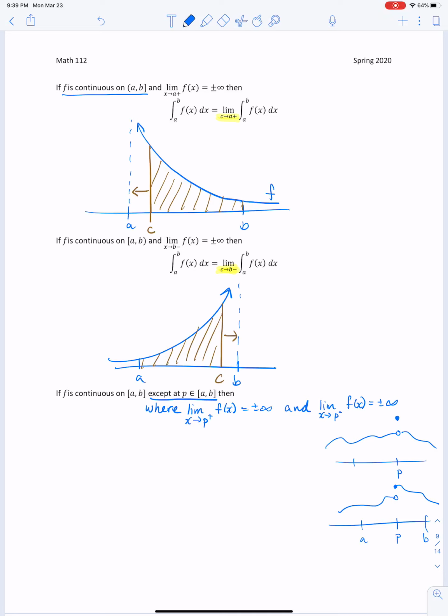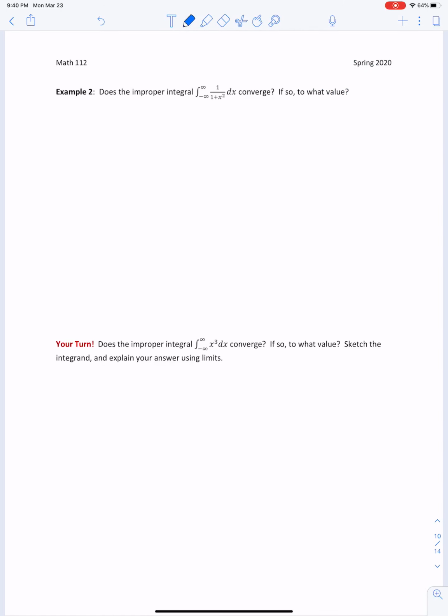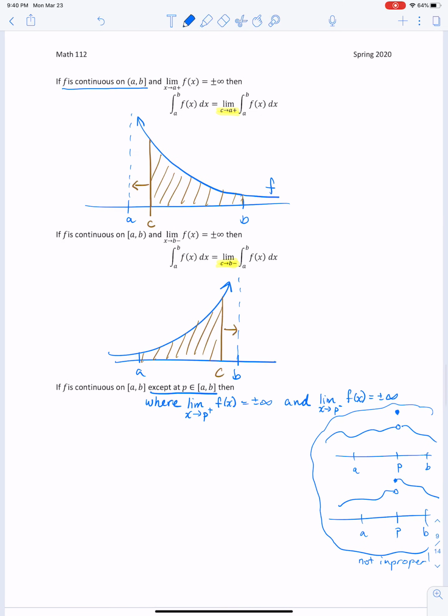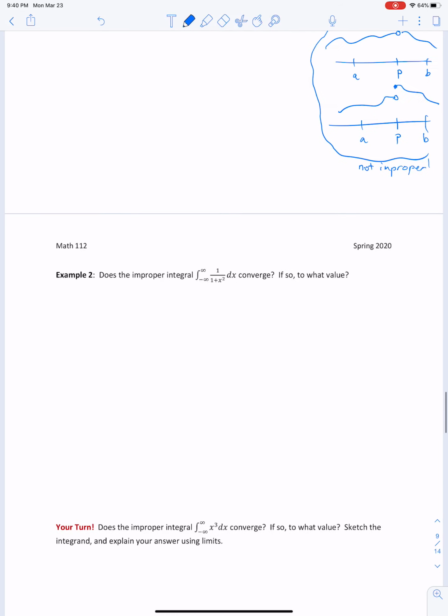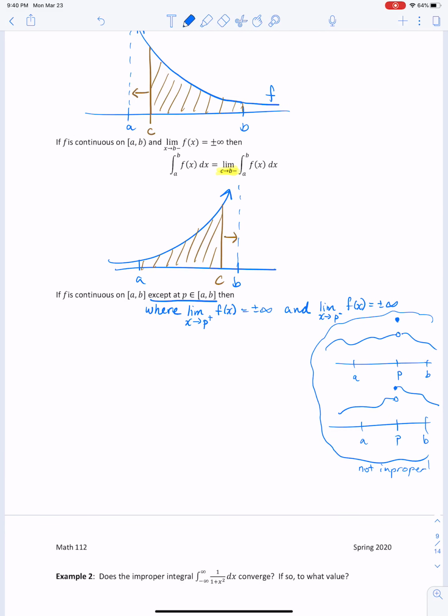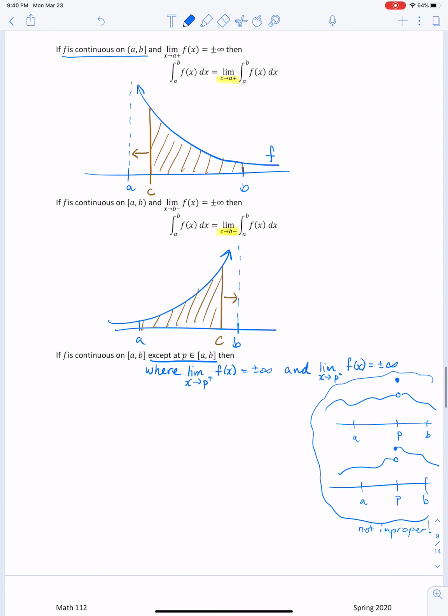We would not need the limit technology we're talking about here. So these would not be improper integrals.